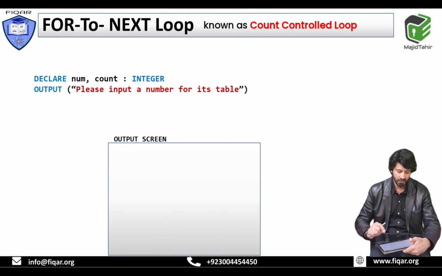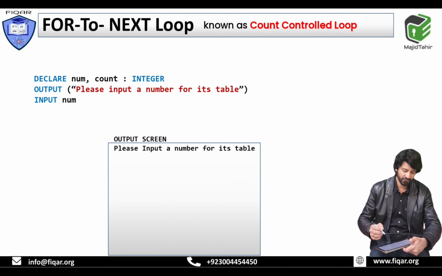For example, when declare num and count colon integer is written, it creates two variables, one with the name of num, other with the name of count. By default, when variables are created with the data type integer, they have the value 0 in them. So initially num and count both have 0 in them. So please input a number for its table is displayed on the output screen.